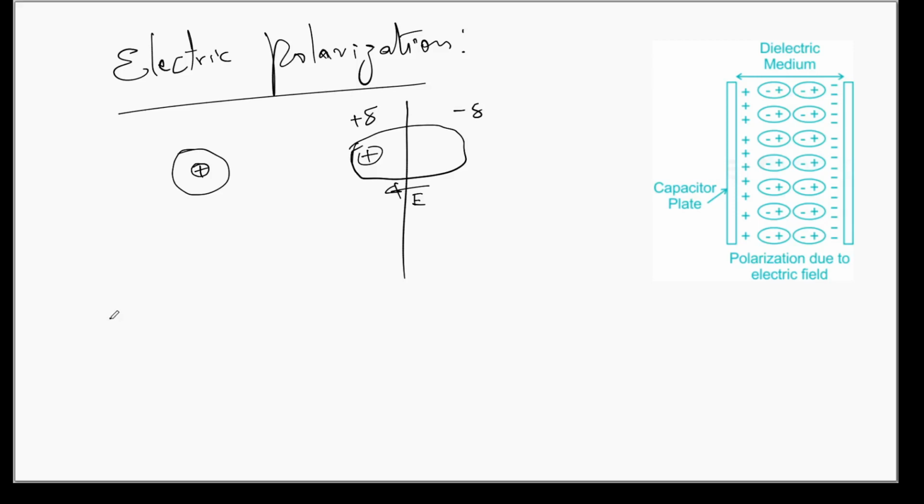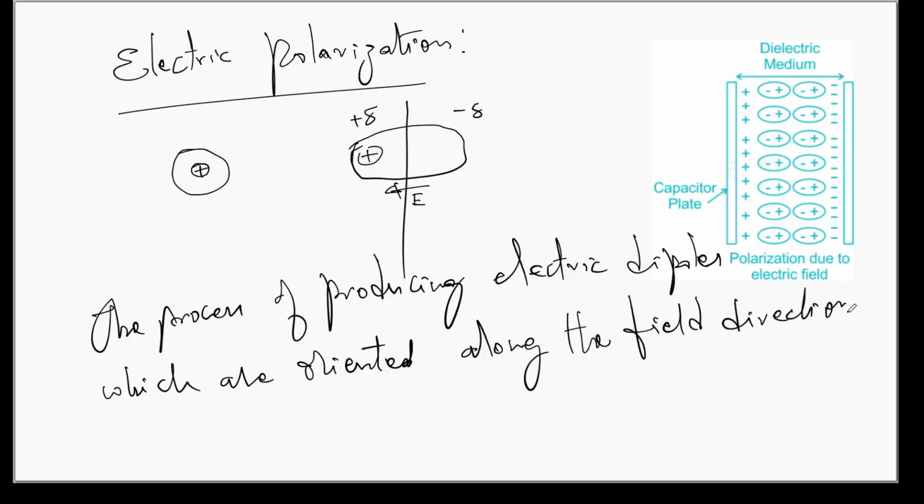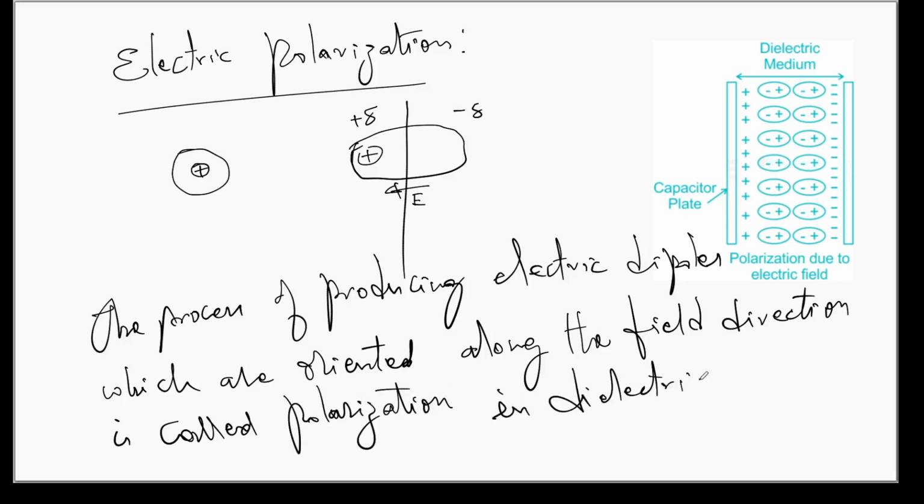The electric polarization is defined as the process of producing electric dipoles which are oriented along the field direction, is called polarization in dielectrics. So you have neutral molecules. We are placing them in external electric field.